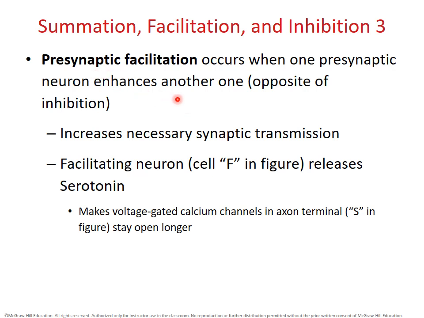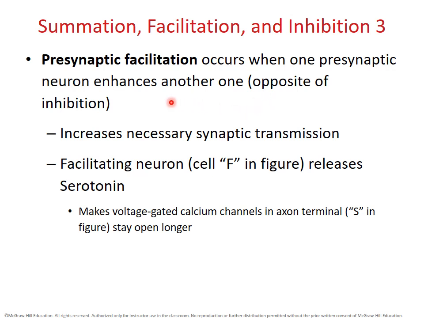Presynaptic facilitation simply means that a presynaptic neuron is going to enhance the ability of another neuron to make a postsynaptic cell fire. So in other words, you've got a synapse between a presynaptic cell and a postsynaptic cell, and you've got another neuron, a third neuron, that can do something to increase the likelihood that the presynaptic neuron will excite the postsynaptic neuron.